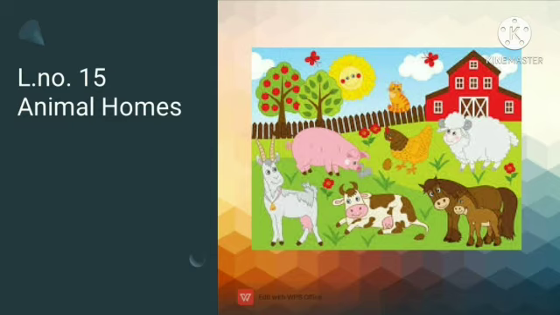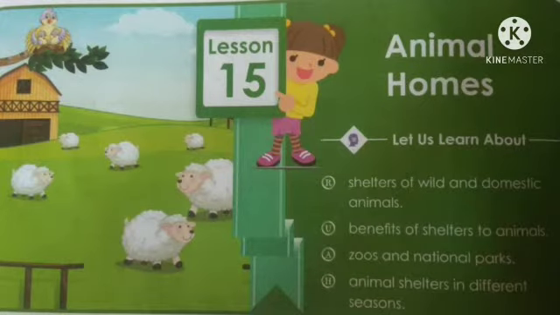So students, today we are going to learn EVS lesson number 15, Animals' Homes. In this lesson, we are going to learn about the shelters of animals, and also the shelters of wild and domestic animals. It means the shelter which is important for wild and domestic animals.